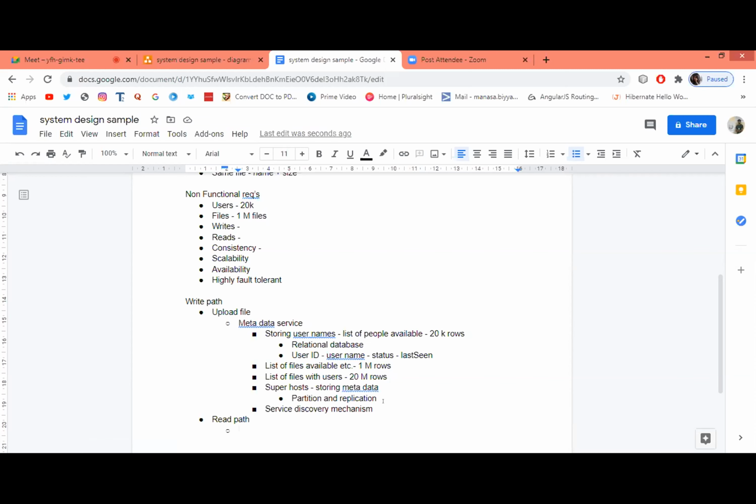So whenever a user uploads a file, we should break it down into chunks and update the metadata service. We should do the replication, not partitioning, but we have to replicate. So once I upload a file, I break it down into chunks and replicate among existing machines, so that when a user wants to download a file, the load will be distributed across the systems.